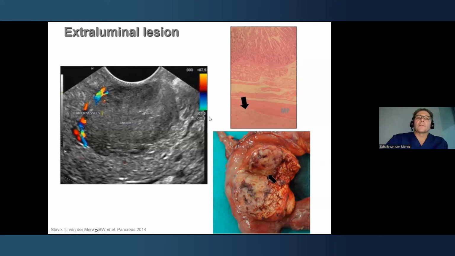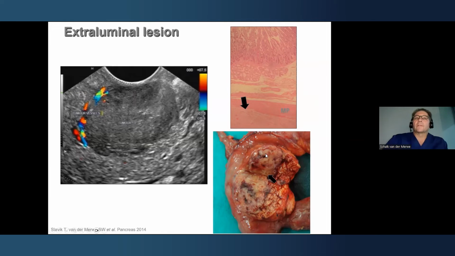The second thing that I want to show is the remarkable comparison between the echoendoscopic image and the post-surgical resection specimen. So what you're seeing there is the duodenal lumen over there. This is the lesion that we could recognize there. And this is the pancreas tissue that we can recognize there. But the incredible clarity that this image already provided can now be found back in the resection specimen.